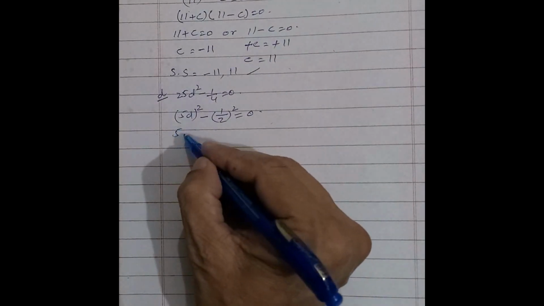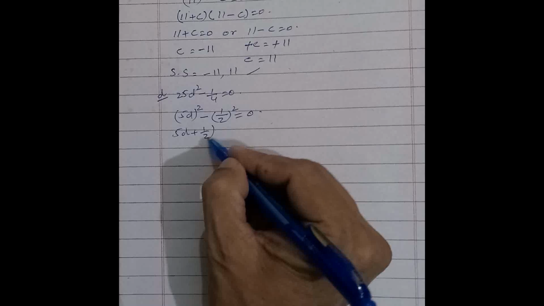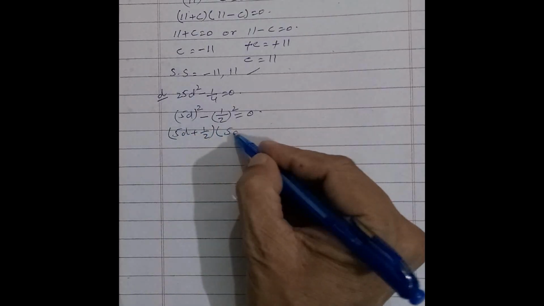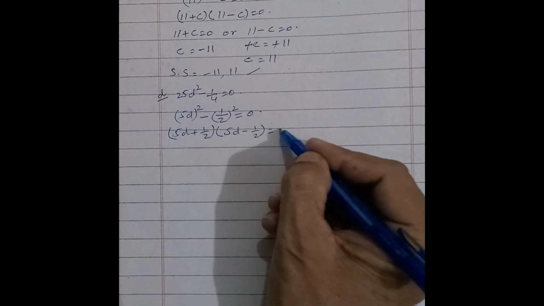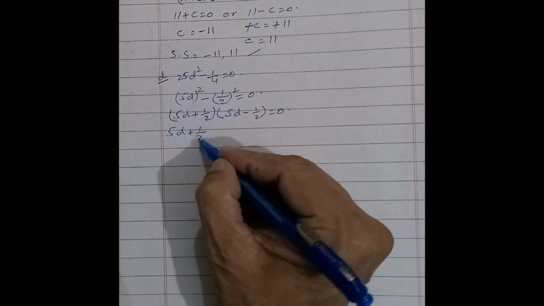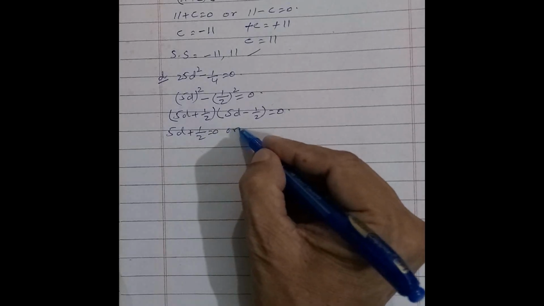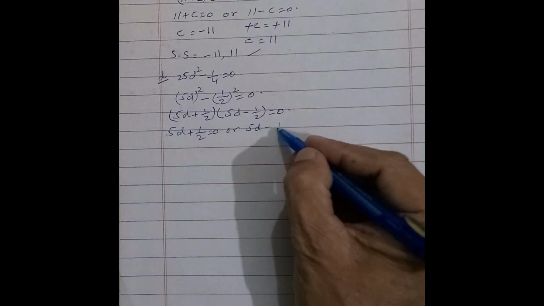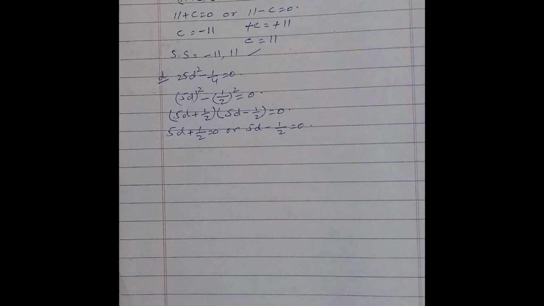We get 5d plus 1 over 2 into 5d minus 1 over 2 is equal to 0, and then we write it 5d plus 1 over 2 is equal to 0 or 5d minus 1 over 2 is equal to 0.